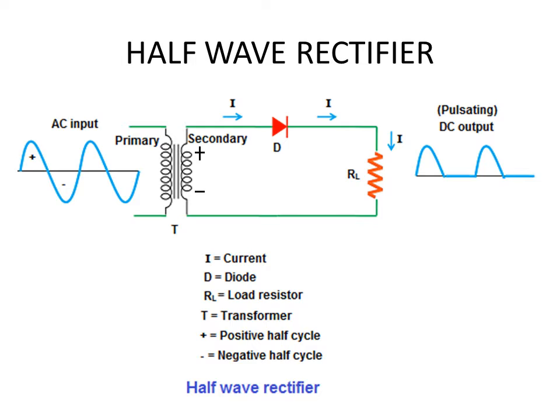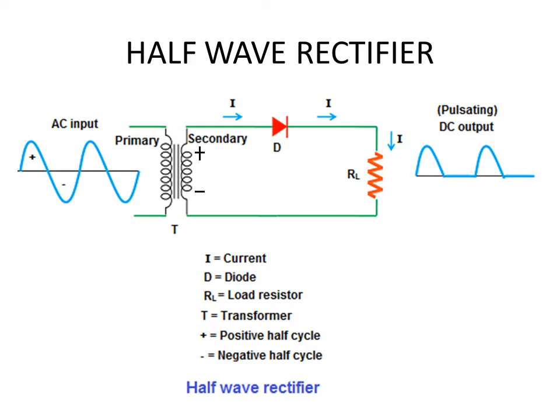Then during the positive cycle, since the polarity is like this, the voltage appearing across the secondary can be considered to be the bias voltage applied to the diode. The positive of the voltage source is connected to the P region of the diode, and it will make the diode forward biased, which means during the positive cycle the diode will conduct.